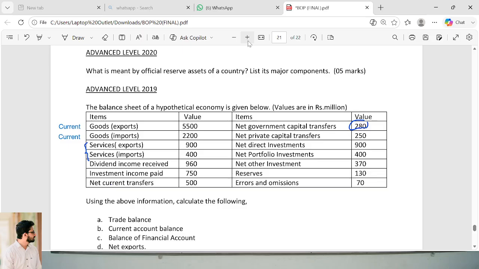Hello? Can you hear me? I have made a big mistake. There's a huge printing mistake.